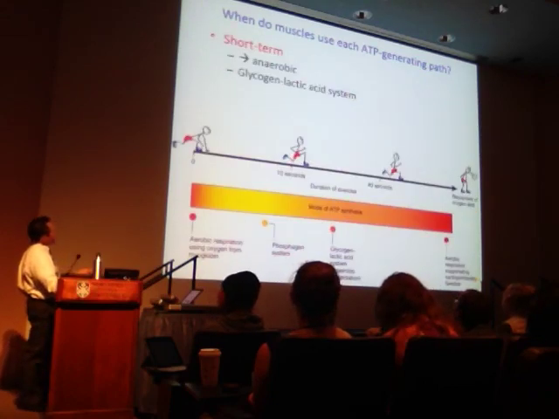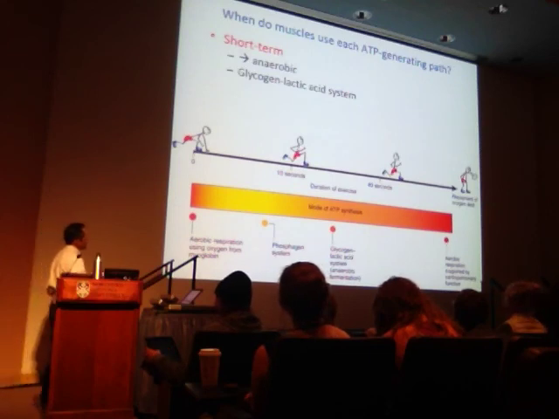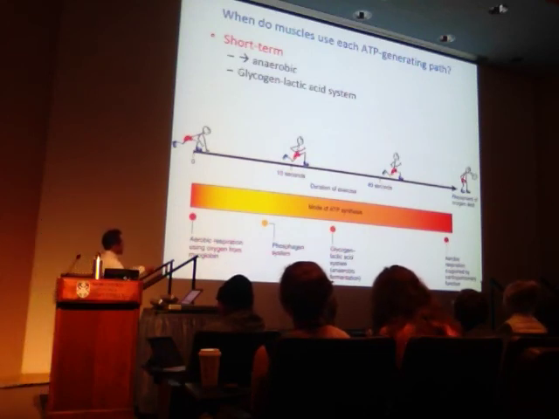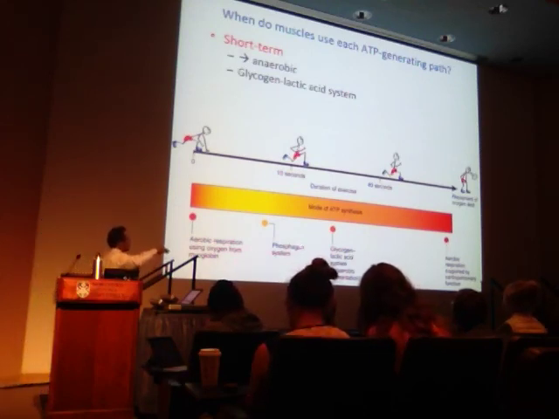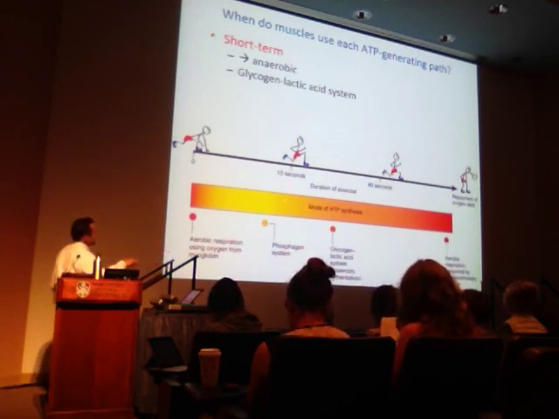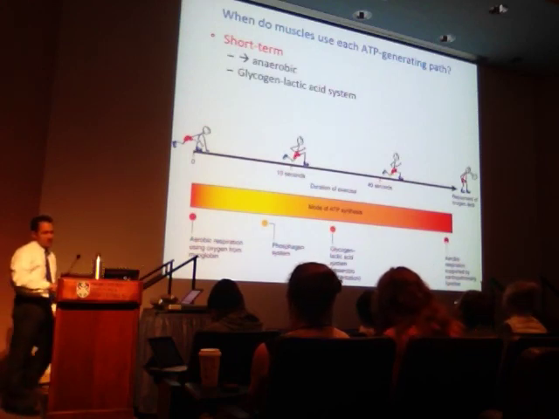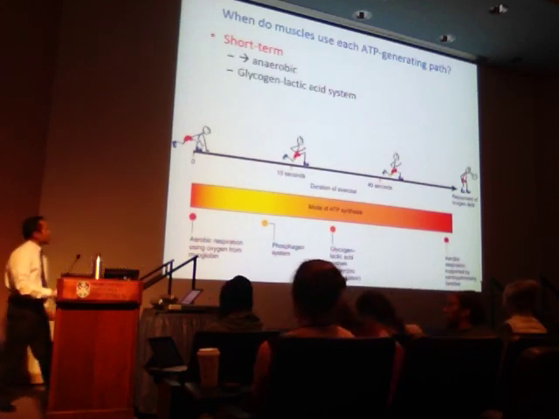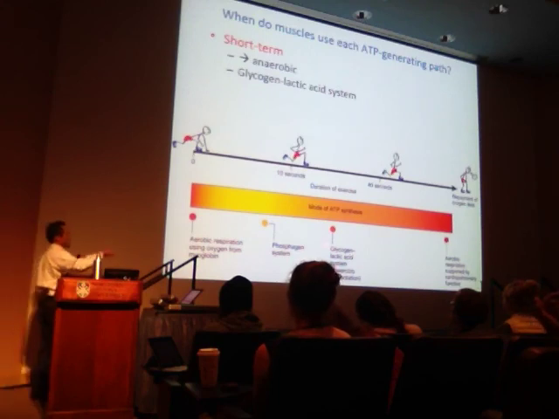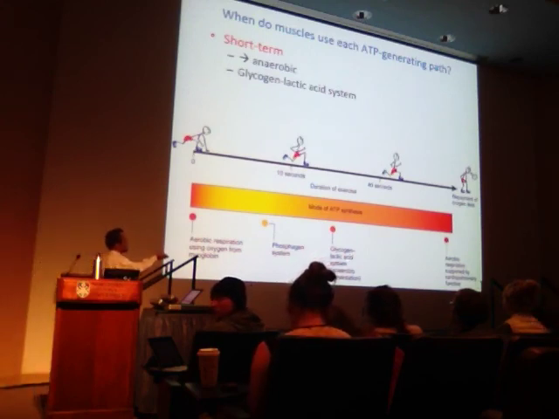If we look at the first 10 seconds, we've got our phosphagen system. That's what we're talking about. We're stripping it either from myokinase or from creatine phosphate. Then from about 10 up to about 40, we need a second location, and that's actually our glycogen system. That's glycolysis, anaerobic.